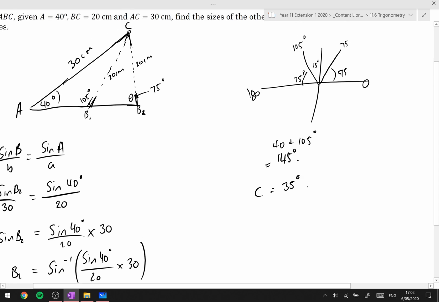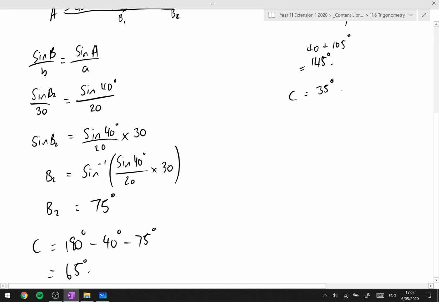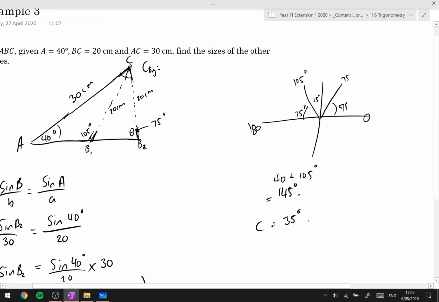So what that's saying is, if I use the small acute angle, then big C is equal to, what did we decide? It was 65 degrees. But small c, if I use the obtuse angle, is 35 degrees.